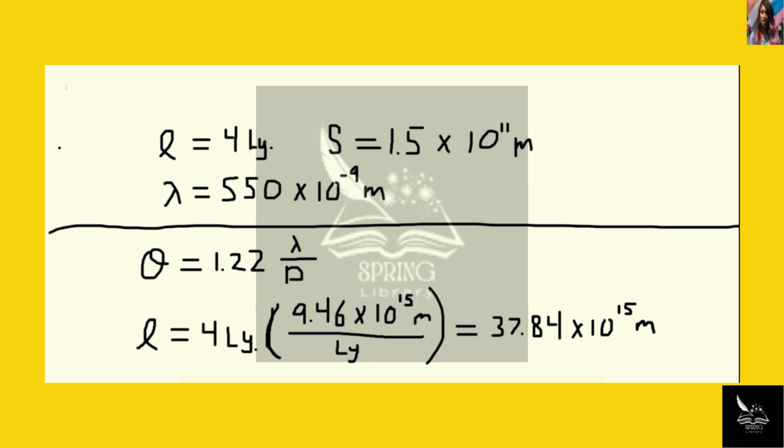Here, the planet orbits the star, so the distance traveled by the planet is going to be, we'll start a new page for this, S is going to be equal to L times the angle of resolution here, theta. Or in other words, theta is equal to S over L. So now we have 2 equations for theta.